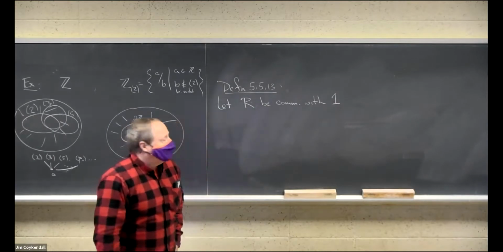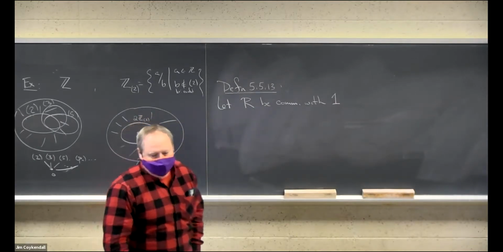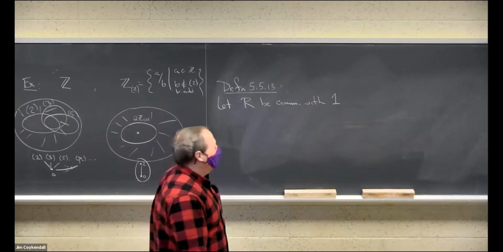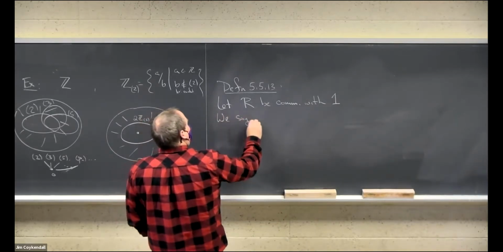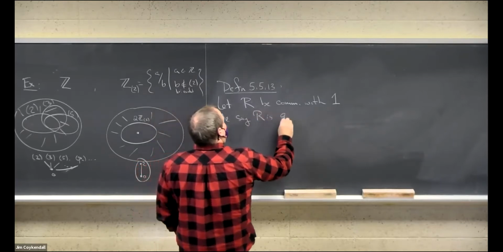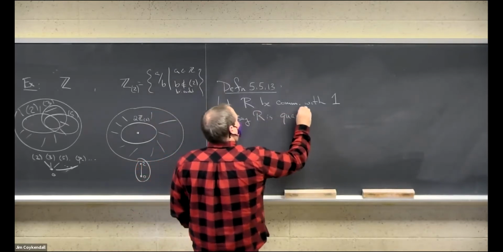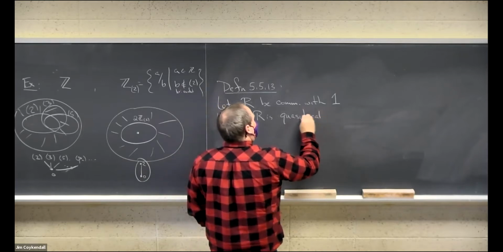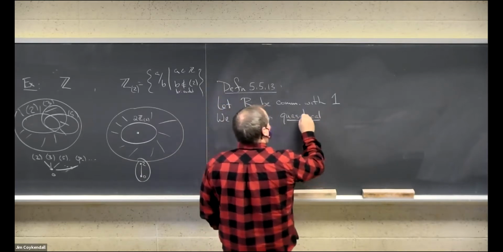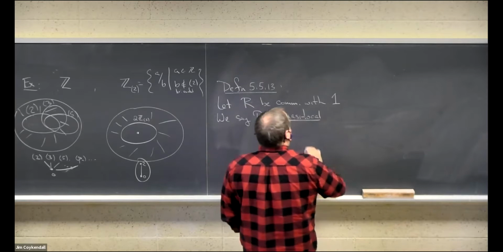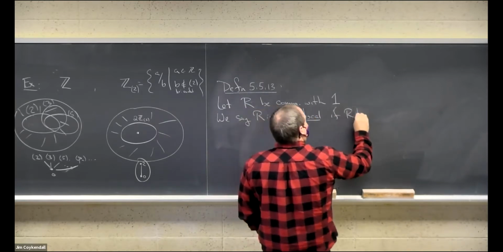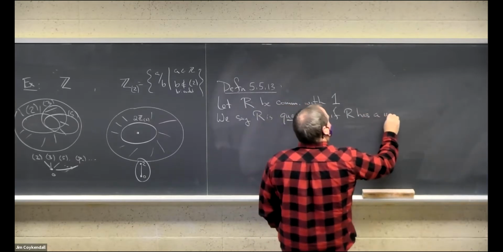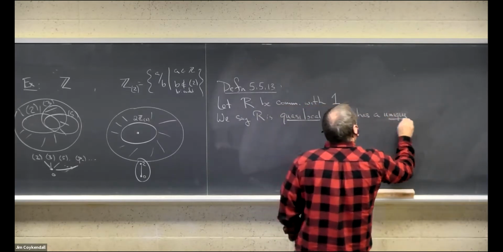I'm only going to focus on commutative rings with identity, but you can extend these definitions; they're used in other contexts. We say R is quasi-local if R has a unique maximal ideal.